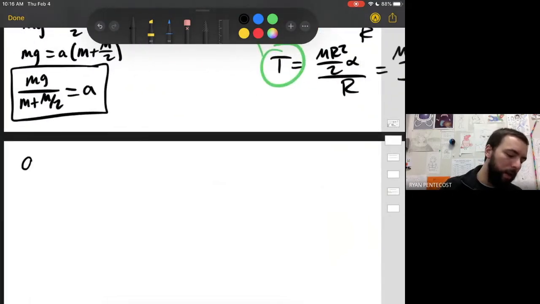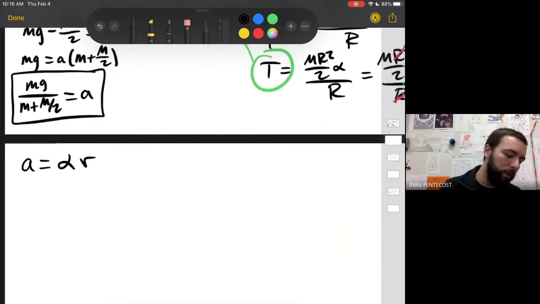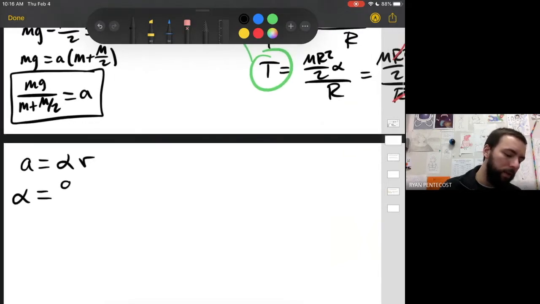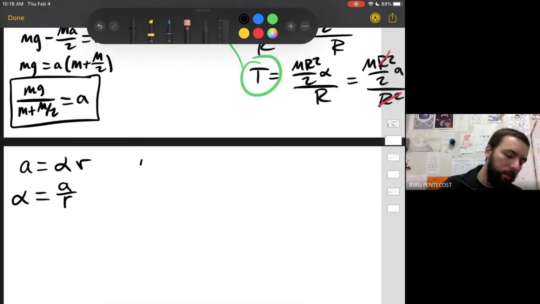If a equals alpha r, we're going to take alpha as a divided by r. So let's take our a, mg divided by little m plus big M divided by 2, and divide that by our radius.